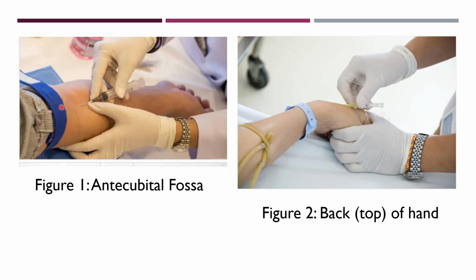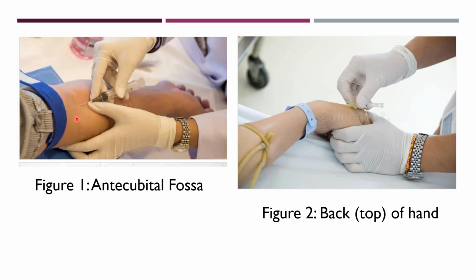So this area has a fossa type of structure, which is called the antecubital fossa, where multiple veins are located, from where you can take the sample. Now, in some cases it is very hard to take blood samples from the antecubital fossa.